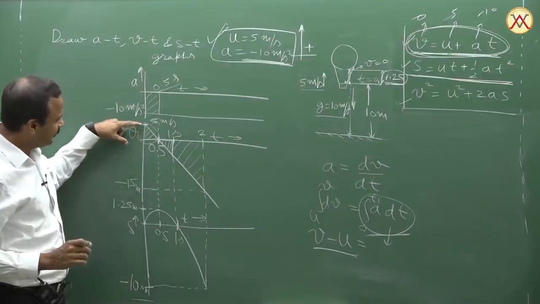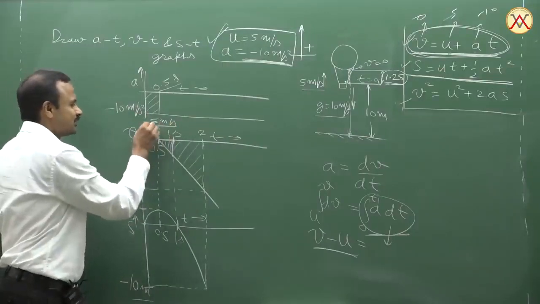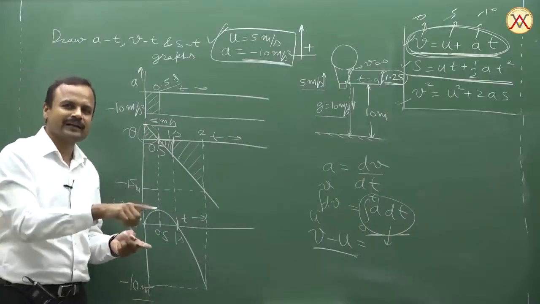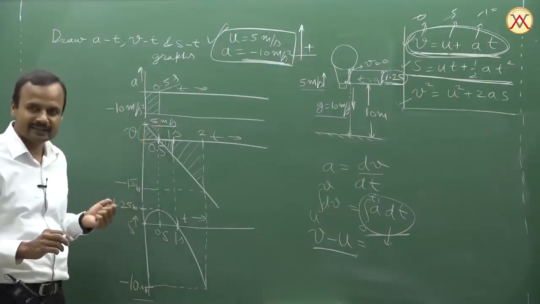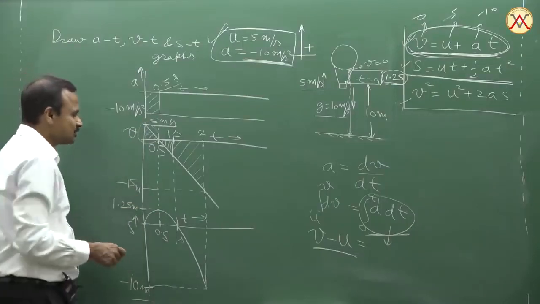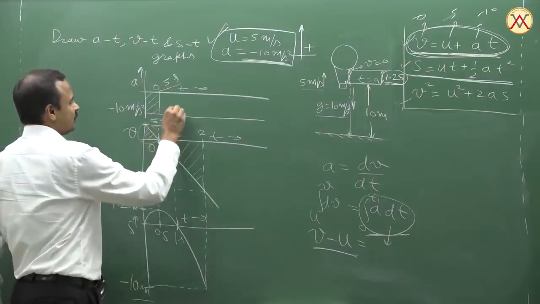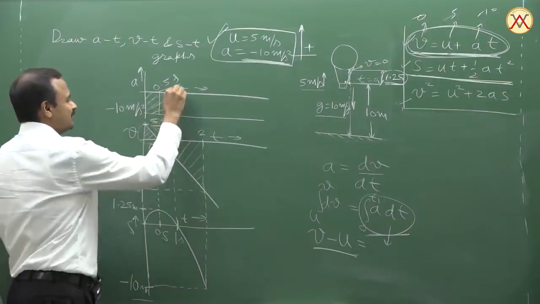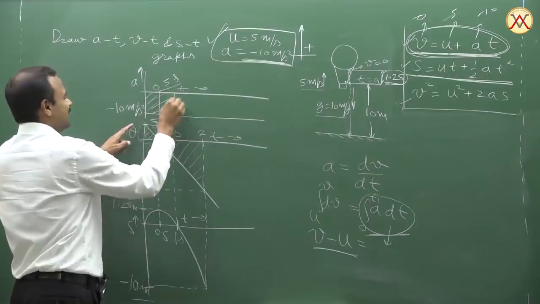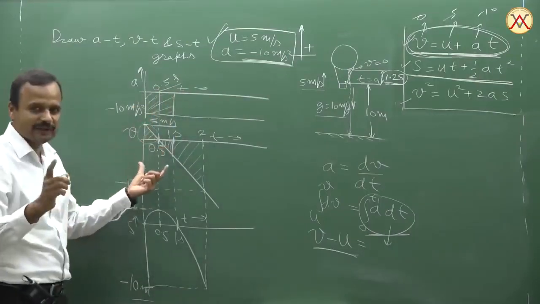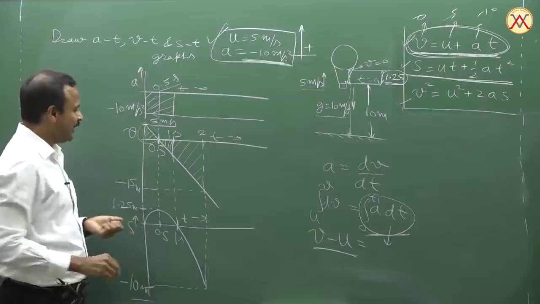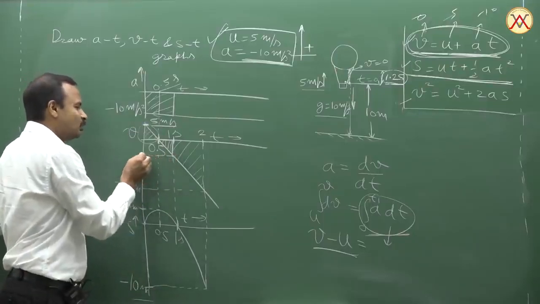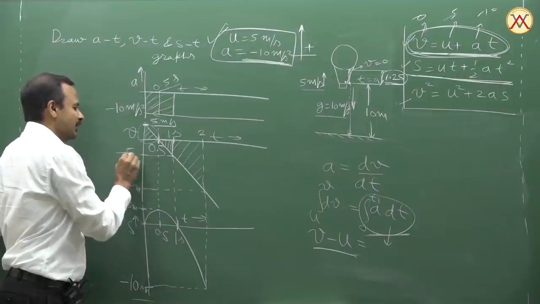And you can see velocity initially was 5 meter per second. From here it drops to 0. So change in velocity is 0 minus 5, that is negative 5, given by the area under the graph. You can check it for other durations also. Let's say from 0 to 1, if we take this total area, 1 multiplied by minus 10, the change in velocity for 1 second should be minus 10 meter per second. And you can see the velocity, which was 5 meter per second here, at t equal to 1 second becomes minus 5.